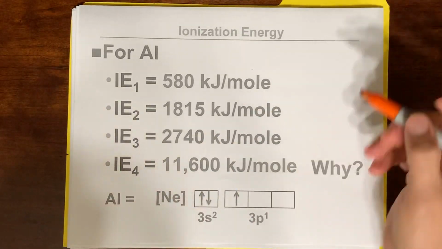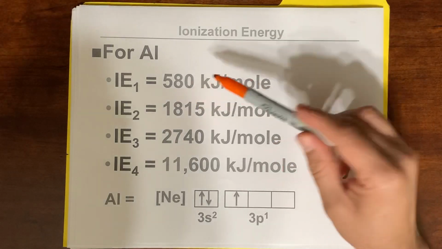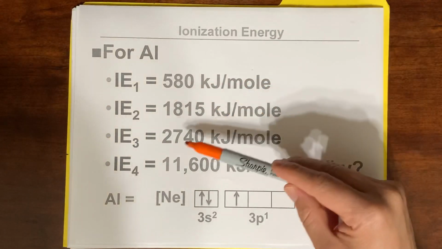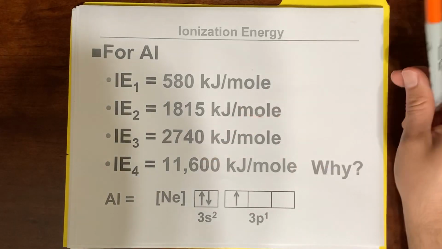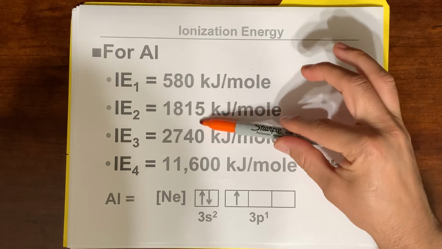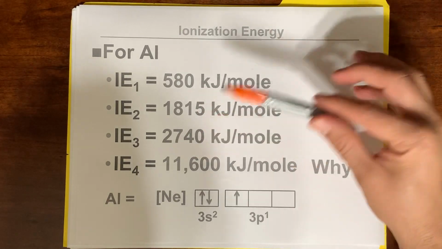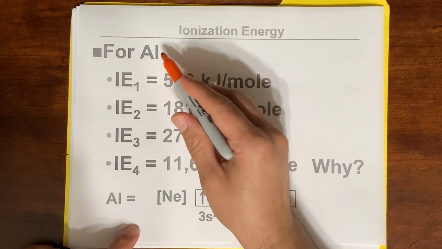For aluminum, the first ionization is 580, then 1800, and the third one is almost 3,000. Okay, so we see a trend. We see that the ionization energy is going up. That's logical. We took the first electron from neutral aluminum.